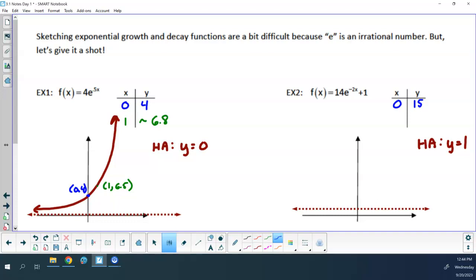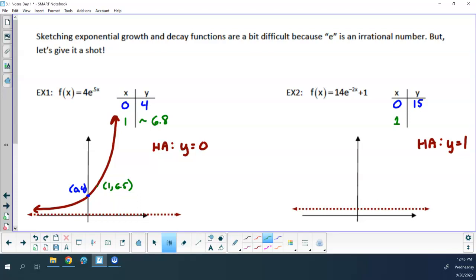Let's plug in what? What do you want to plug in next? 1? Okay, let's plug in 1. If I plug in 1, I get what? Again, let's use E as 3. Make it easier on this. I'd get 3 to the negative 2 power, right?